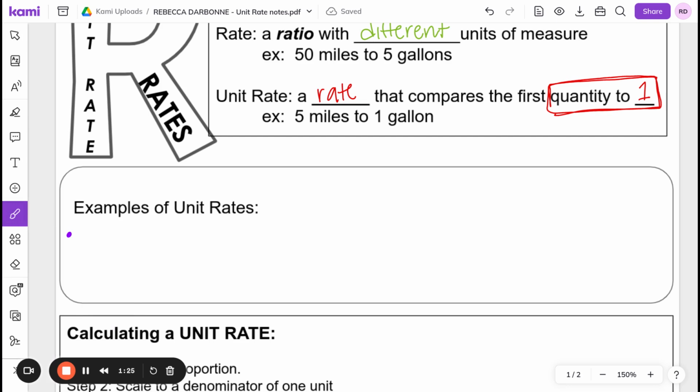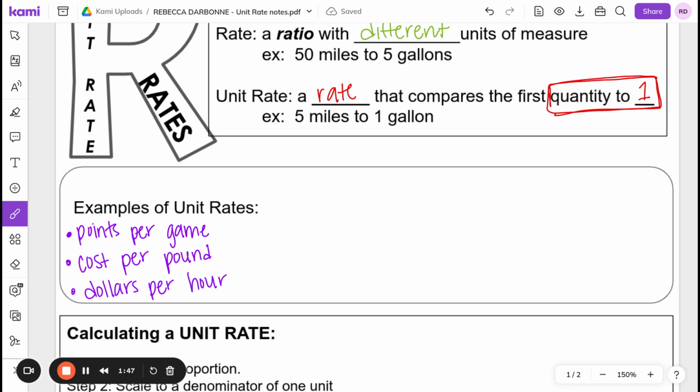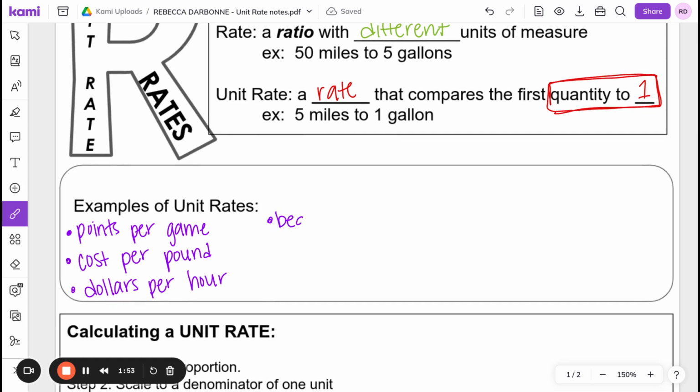Some ones that y'all are probably used to are points per game, things like cost per pound, dollars per hour, beats per minute, miles per gallon, kind of like that example above.